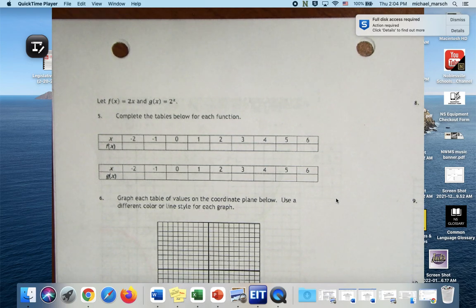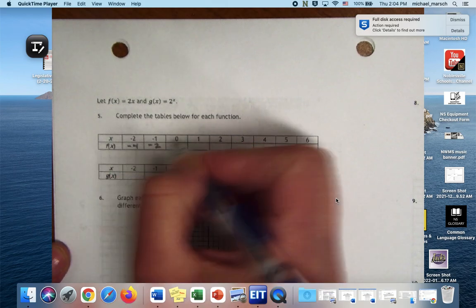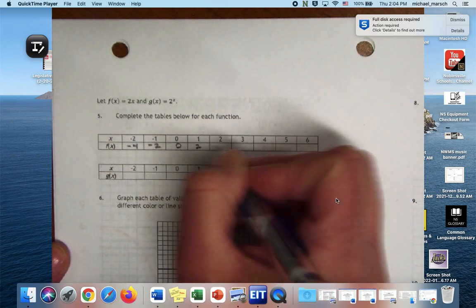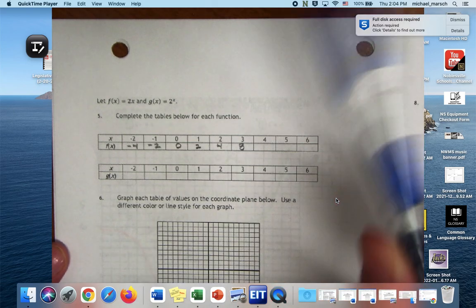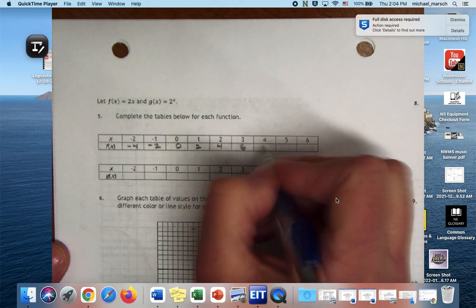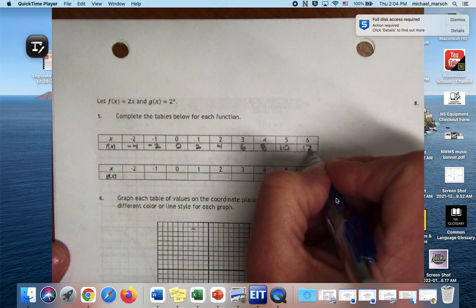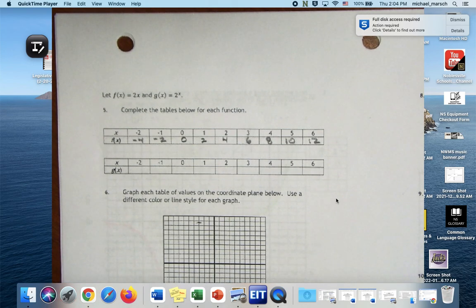So let me pull up another scientific calculator. I mean, these are pretty easy, right? -4, -2, 0, 2, 4, 8. Excuse me, this should be 6, 8, 10, 12. I don't really need a calculator for that.